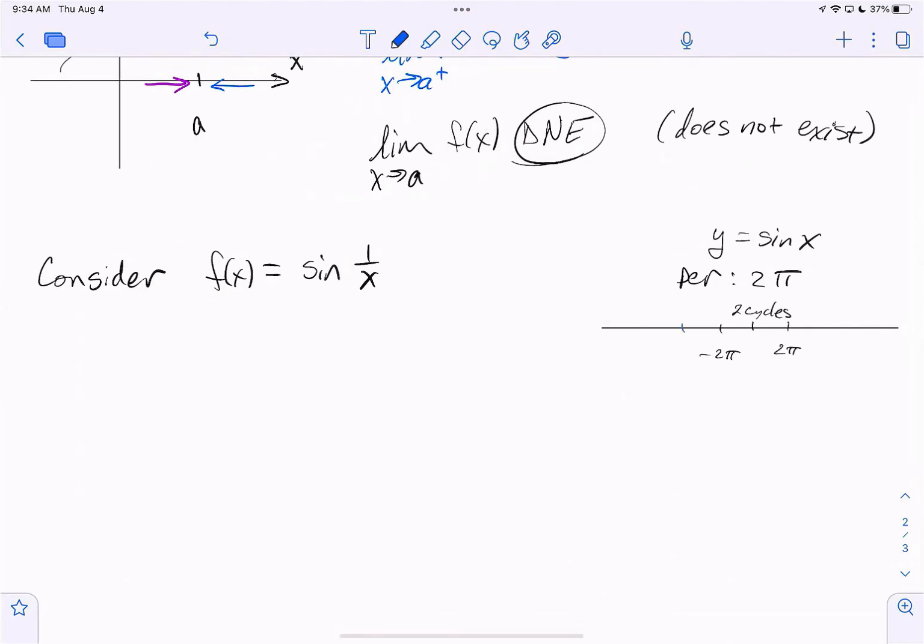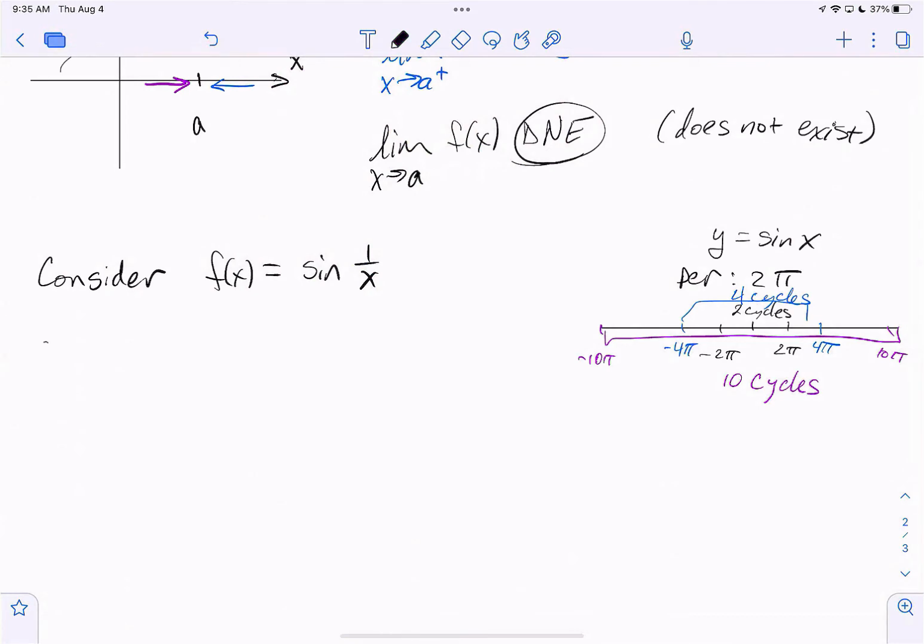If I then consider the interval from negative 4 pi to 4 pi, then it should make sense that we're going to be able to fit 4 cycles of the sine function in that interval. And then if I do something ridiculous and go from negative 10 pi to 10 pi, then we're going to be able to fit 10 cycles of the sine function in that interval.